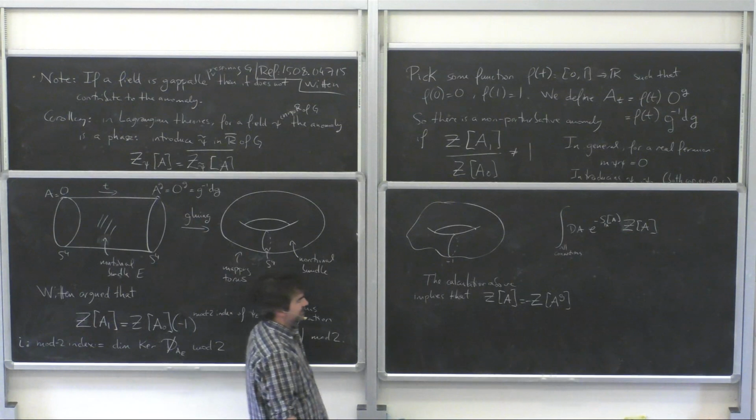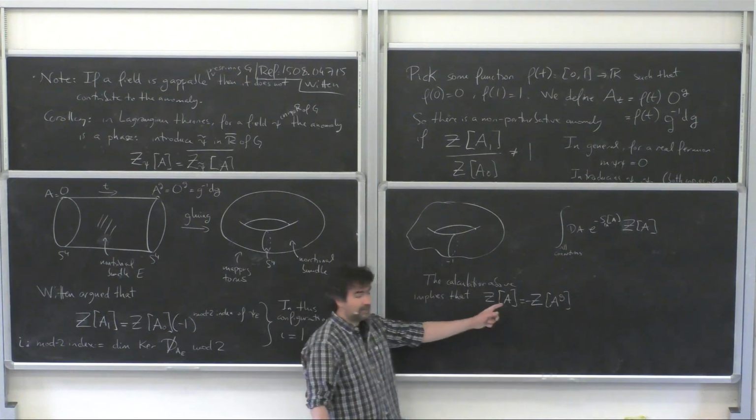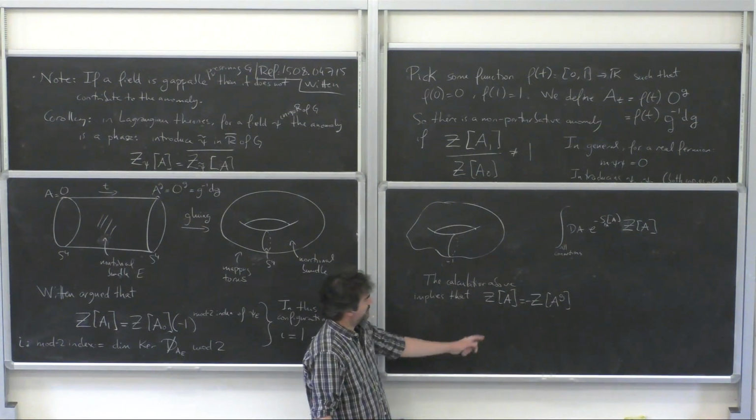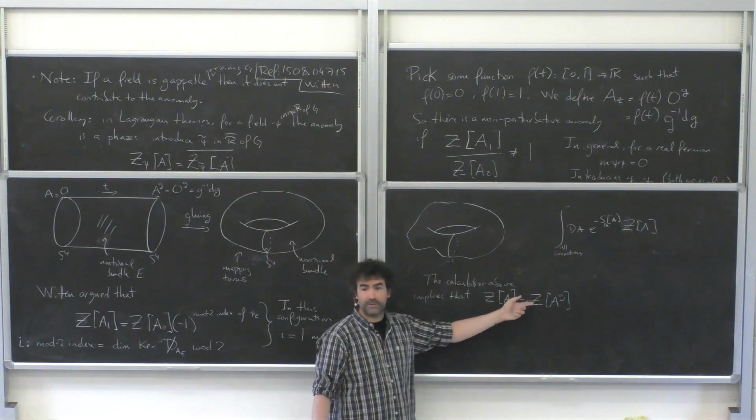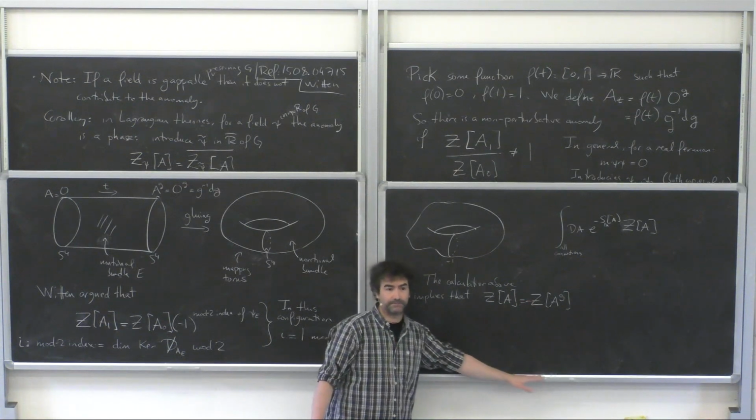That's basically, if you want a quick argument, I did it for 0, but because you can reach any connection from 0 smoothly, and this is a sign, a plus or a minus, it has to stay the same sign for every connection.